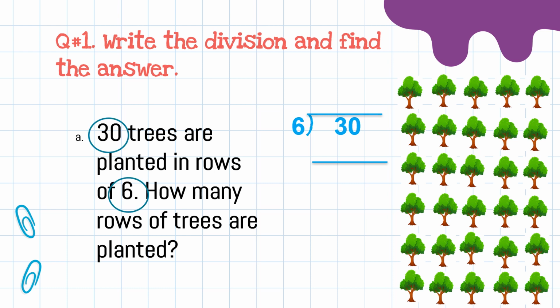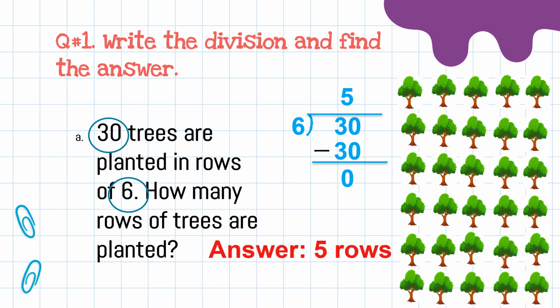So, how many times 6 is 30? Yes, 6 fives are 30. After subtracting, we get 0. Thus, our answer is 5 rows. So, 30 trees will be planted in 5 rows of 6.